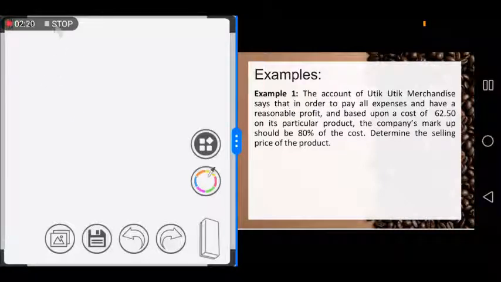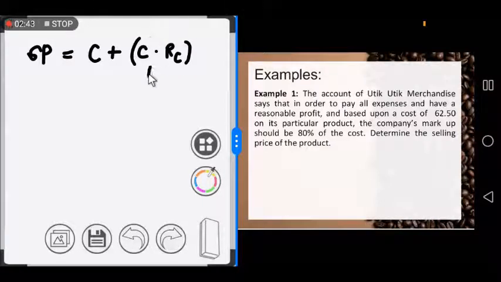So again, our formula is selling price equals cost plus the markup. Since the markup is not given, what we have is the cost and the rate. So, we take the cost, multiply it by the rate, and that will be our markup.